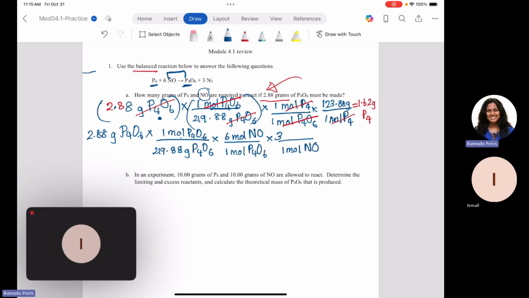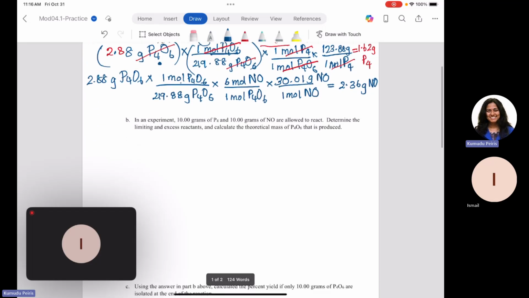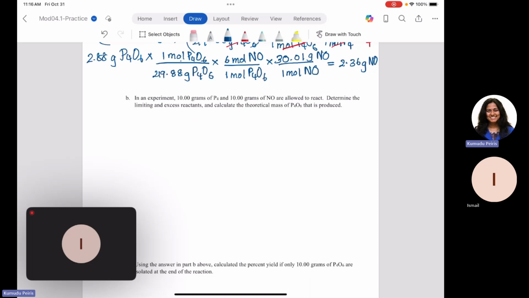When you add those two, you will get the answer as 30.01 grams of NO. So the answer will be 2.36 grams of NO. Any questions? Okay, we'll move to the next one.